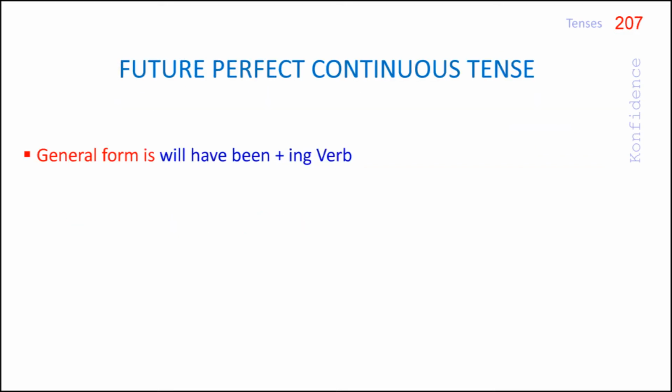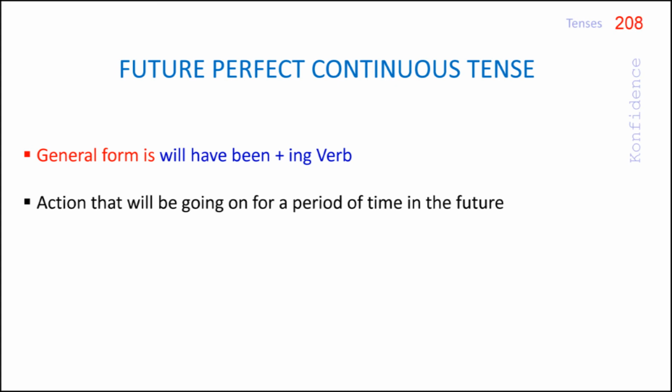Finally, the future perfect continuous tense. It is formed by adding ing verb with will have been. This tense indicates that an action will be going on for a period of time in the future. This tense expresses the duration of an action in the future.